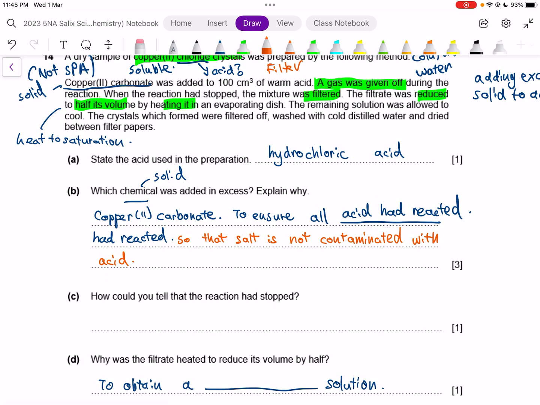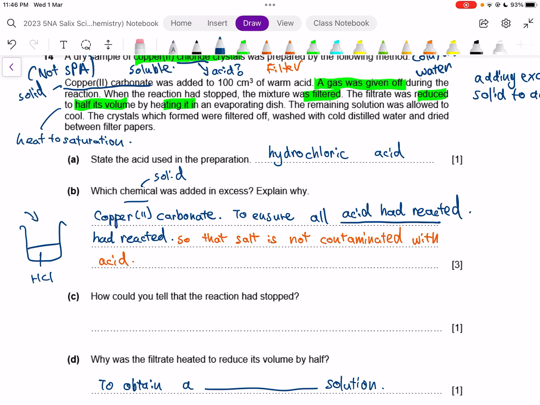The next part: how could you tell that the reaction had stopped? Basically you notice that the gas was given off. There are two ways to tell, because you're dissolving a solid into the acid, in this case HCl, hydrochloric acid.